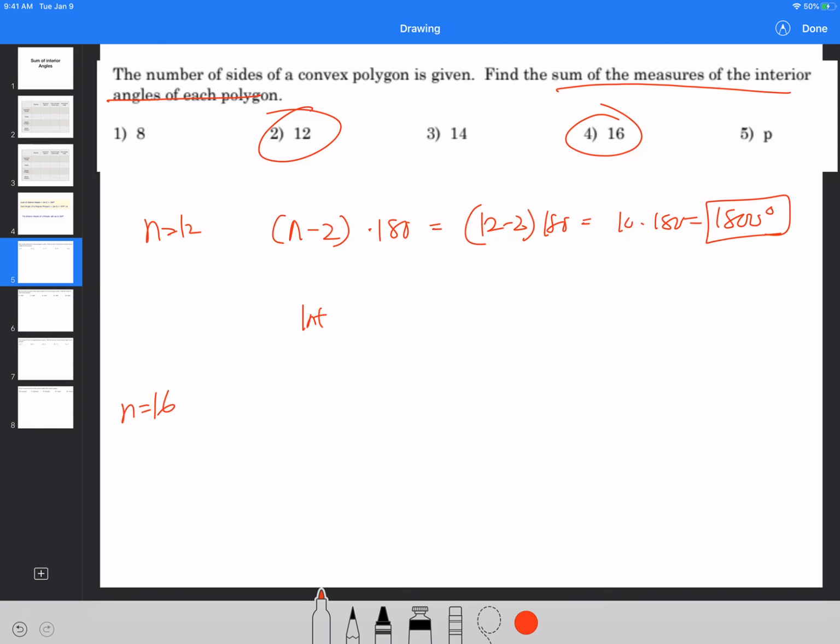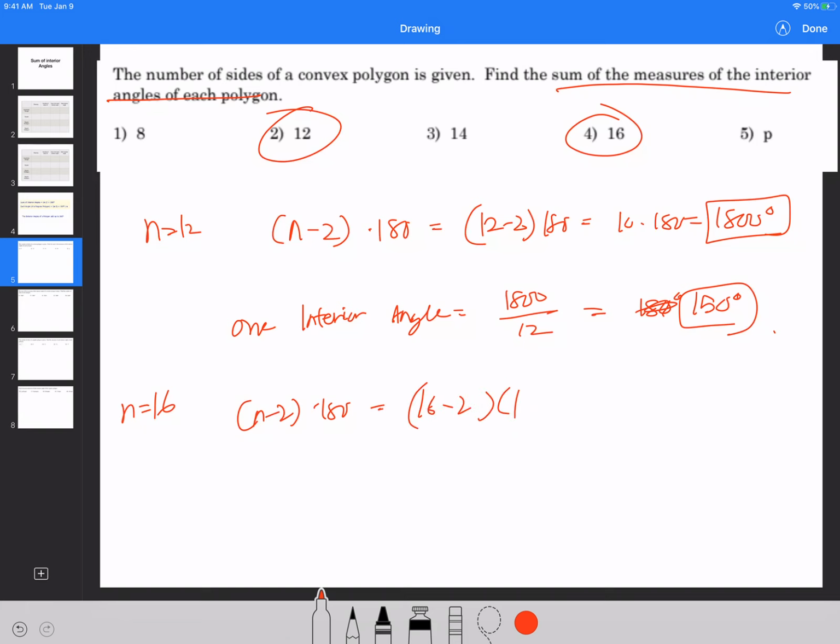If I were to ask you to find one interior angle, then you would just have to do 1800 divided by 12, which would give me 150 degrees, and so that would be fine. n minus 2 times 180 for this one once again, and so 16 minus 2 times 180, 14 times 180, and I believe we could just use the calculator for that one.